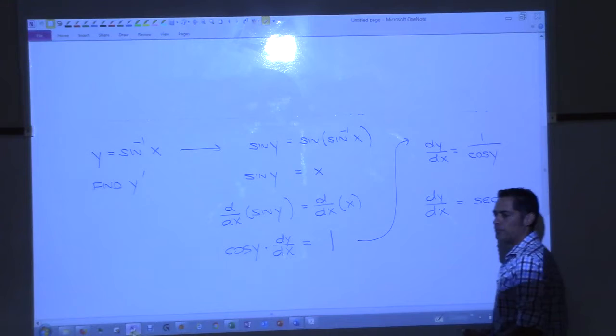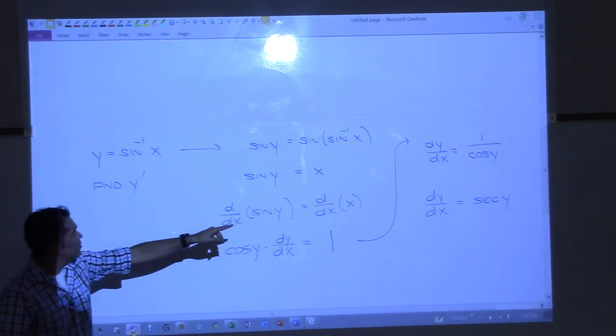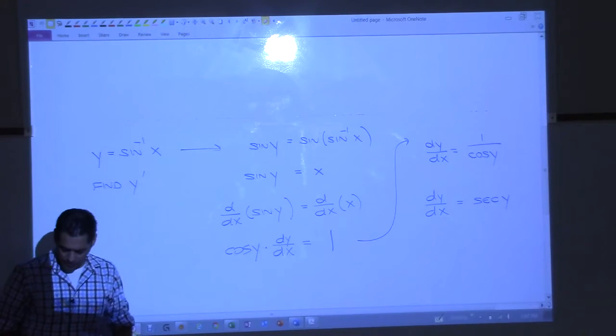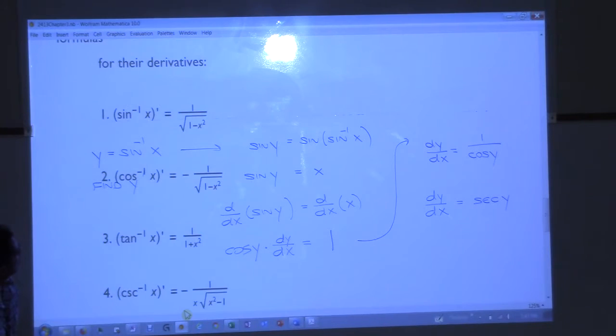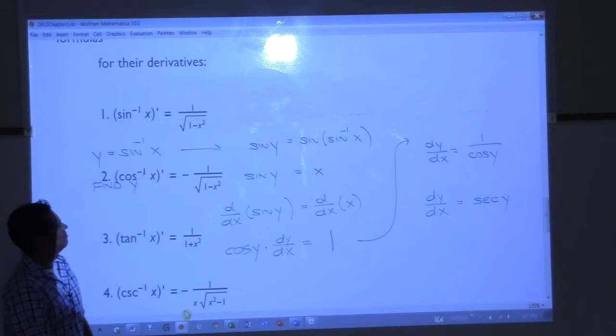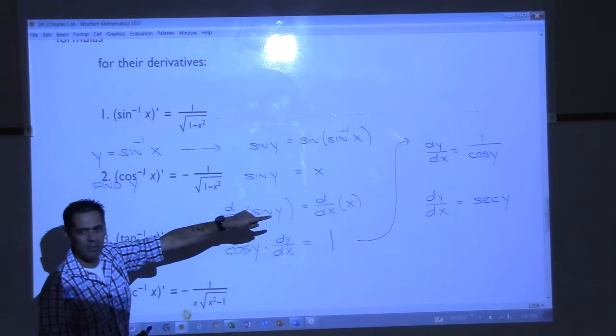Okay. There we go. The derivative, dy dx, which is what I was trying to find, is secant y. And that is what I was trying to show. What? What's wrong? This is what I was trying to show, right? That's what we showed.